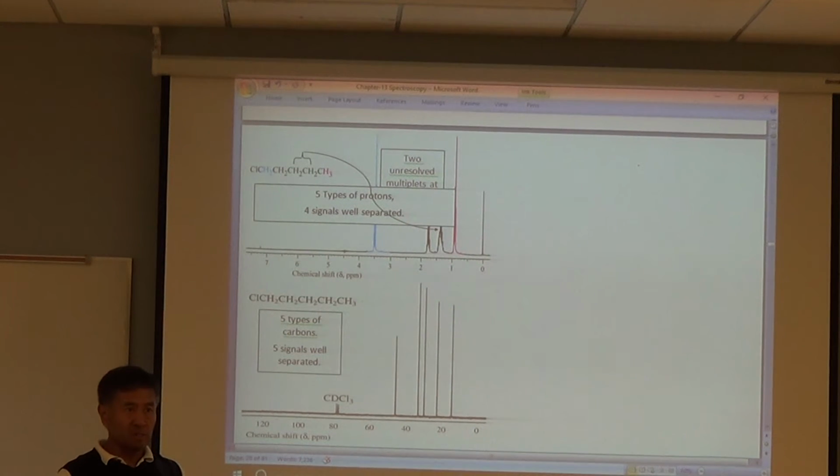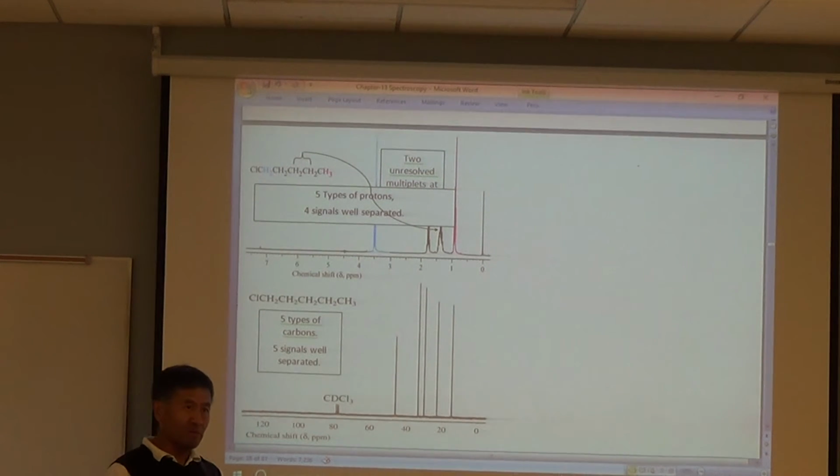Therefore, the splitting is very weak. You can also possibly have splitting between carbon and proton, but then your spectrum would be very complicated. So they designed the spectroscopy to eliminate the splitting between carbon and H.